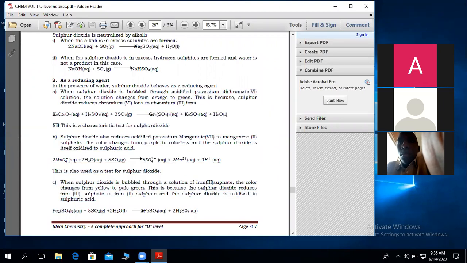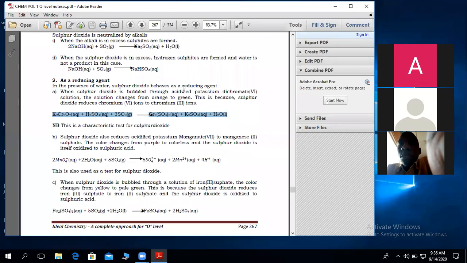Don't mind the equation, but at least know that acidified potassium dichromate(VI) solution is orange.